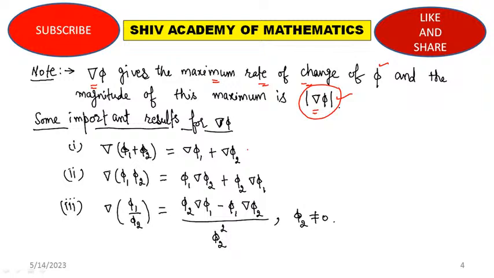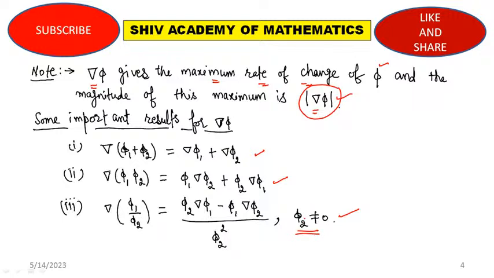And some other results: del of phi 1 plus phi 2 will be del phi 1 plus del phi 2. Del of phi 1 phi 2 will be phi 1 del phi 2 plus phi 2 del phi 1, just like we apply the product rule in derivatives. The third one is the quotient rule: del of phi 1 upon phi 2 will be phi 2 del phi 1 minus phi 1 del phi 2 upon phi 2 square, but the condition is that phi 2 must not be equal to 0.